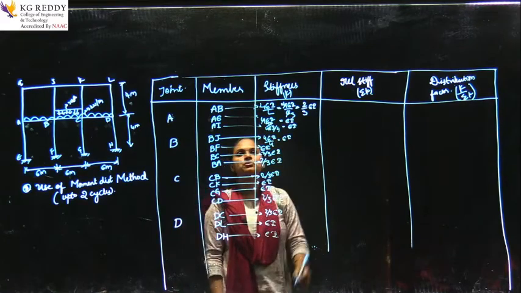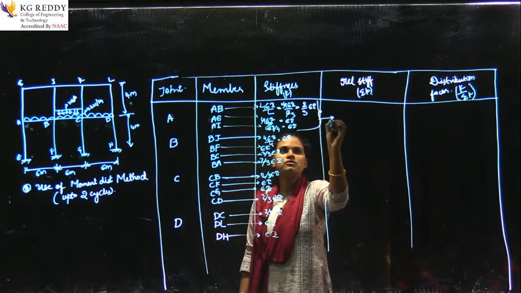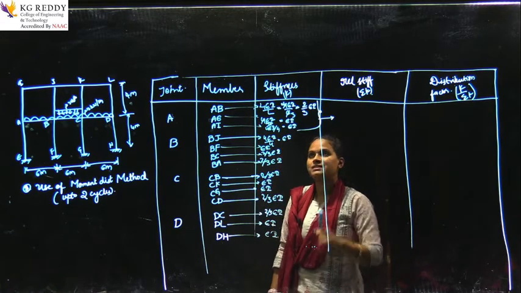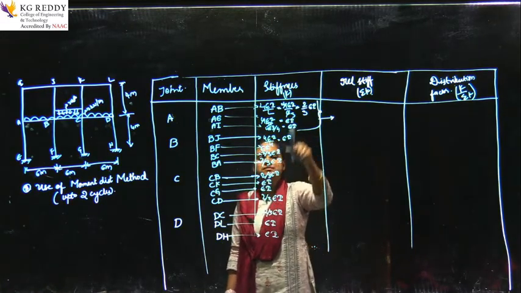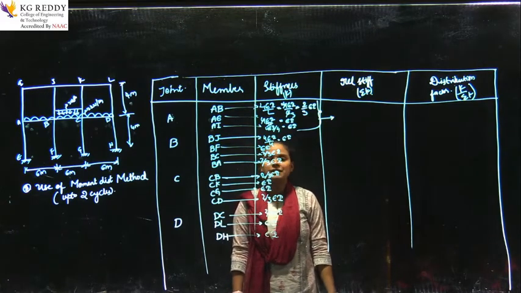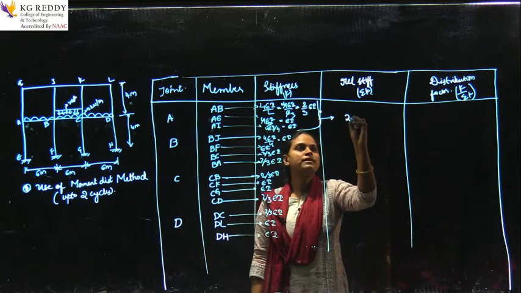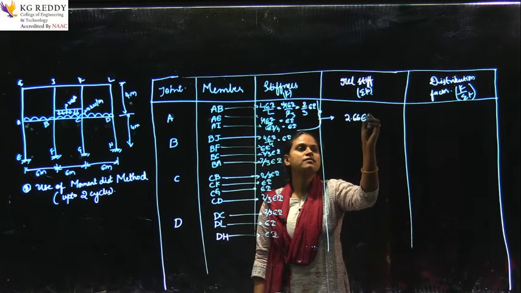Now you need to do the summation for each and every joint. Okay. So calculate, students, what is the summation of stiffness for the joint, 2.66 EI.